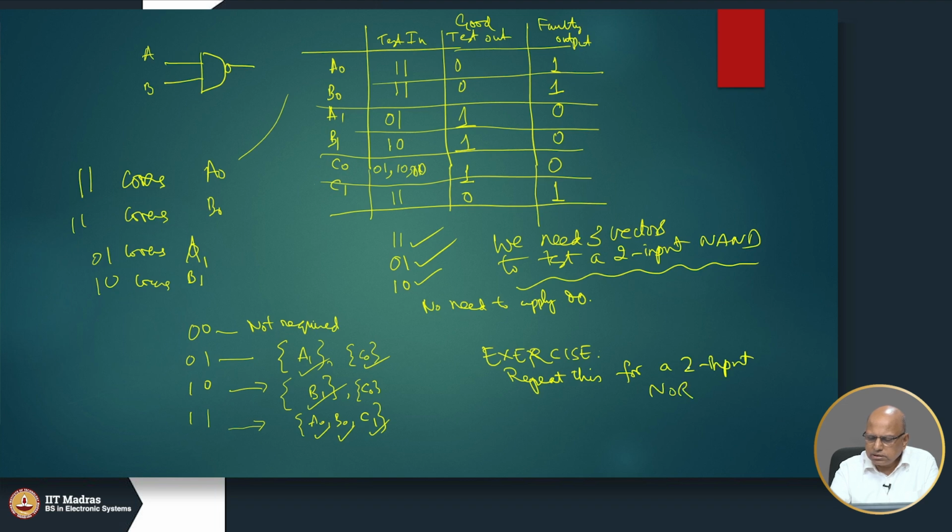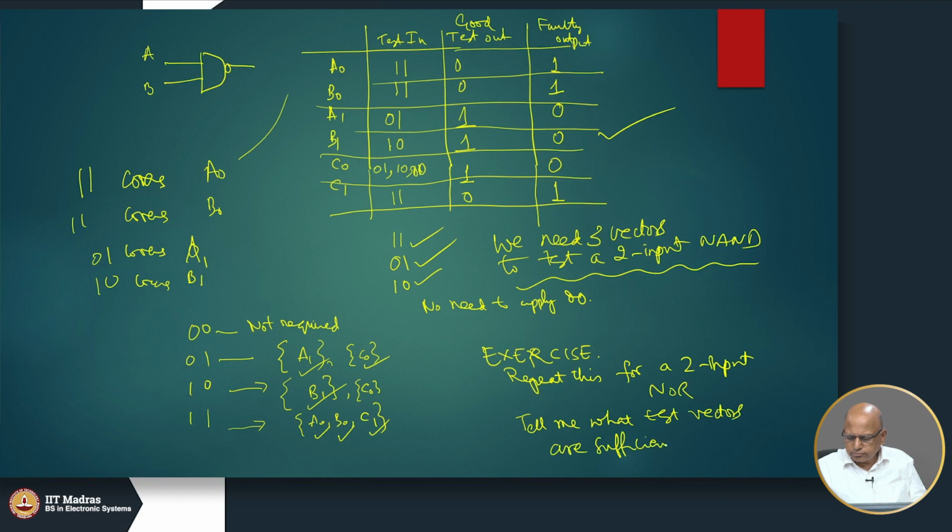Please construct a table like this, and tell me what test vectors are sufficient to cover all single stuck-at faults for a 2 input NOR gate. So, this is an exercise for you. So, please do it.